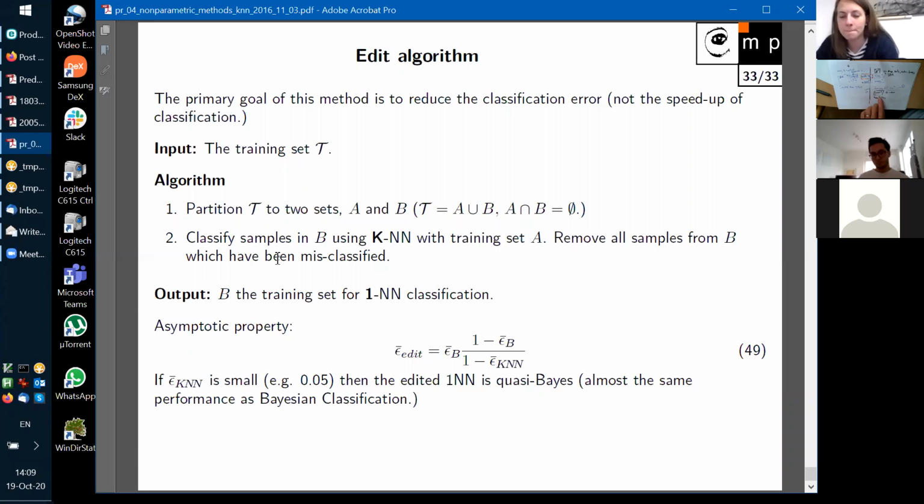And you don't have the problem of non-convergence to the optimal classifier if you use the editing algorithm. So that's a summary. That's the final slide of the lecture.